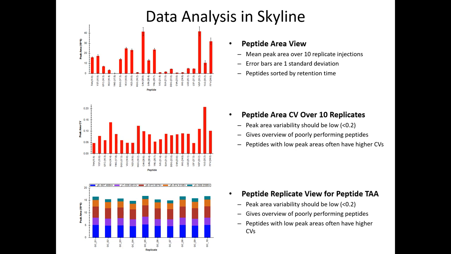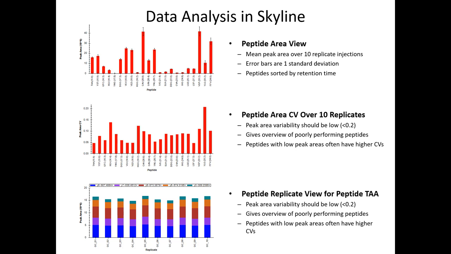There are going to be some. This one has a high percent CV because it's a very low peak area. Same with this one. The ones with high CVs tend to have lower peak areas on average, and if you divide a big variation by a small peak area, that makes a large percent CV. So as long as you can look at it and make sense of what you see, that's very good.